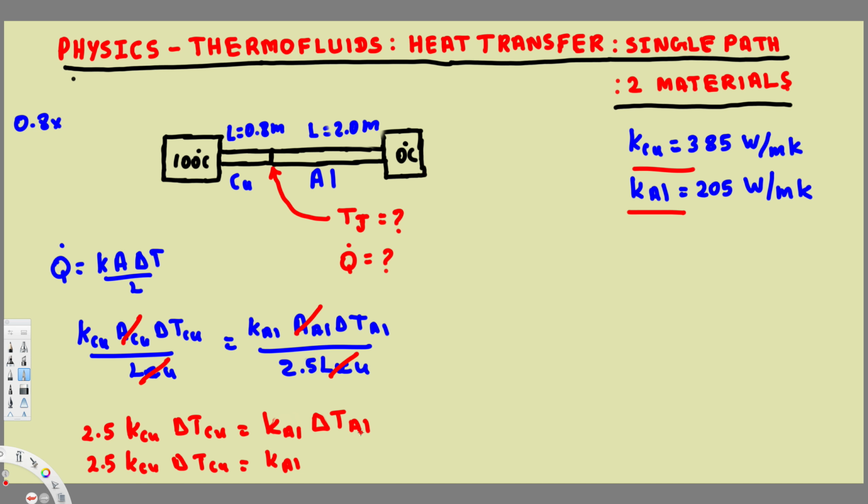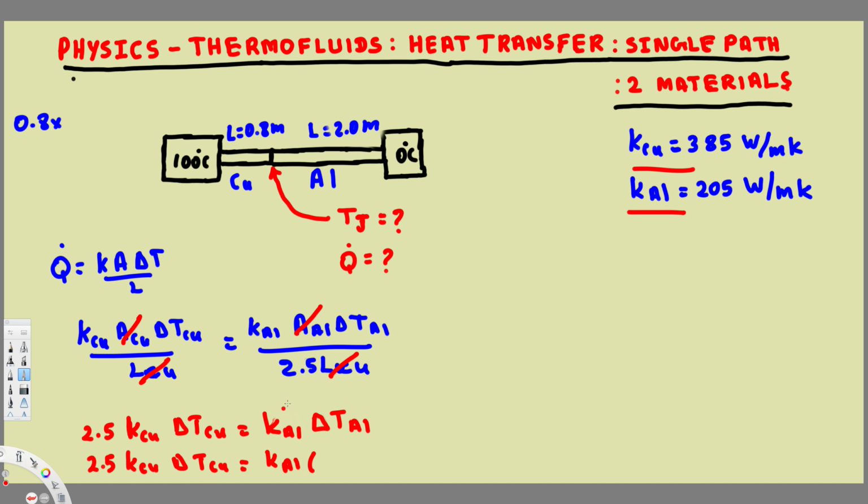Instead of delta Tal, I can write 100 minus delta Tcu, because at this location the temperature is going to be equal to 100 minus delta Tcu. If you subtract that one, that's going to be the temperature difference right here, right? So this is going to be 100 minus delta Tcu.